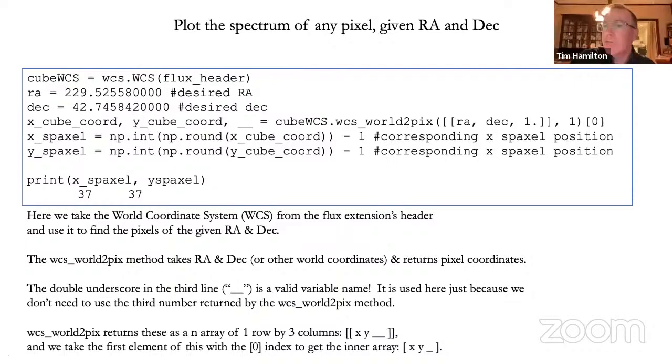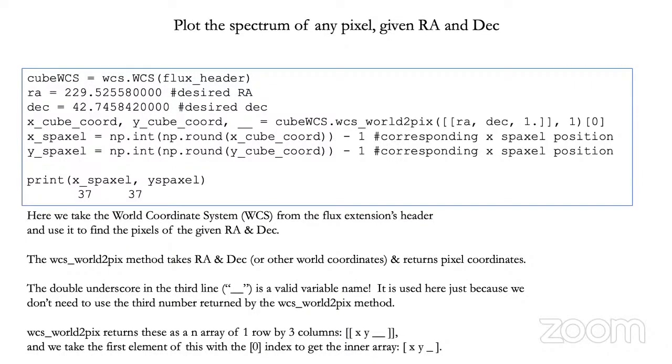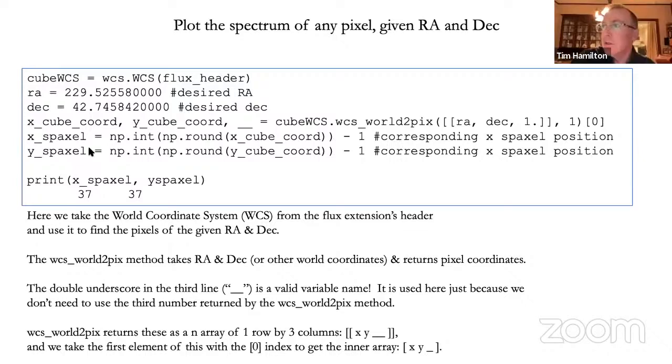All right, now let's give the right ascension and declination in decimal degrees. Then we plug those into this other function, WCS world_to_pix, which converts world coordinates to pixel coordinates. I'm not going to go too deeply into it, especially given the time, but you'll have to look up the instructions for that one.